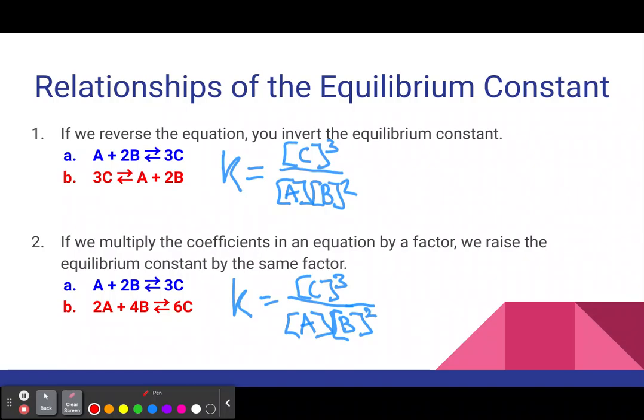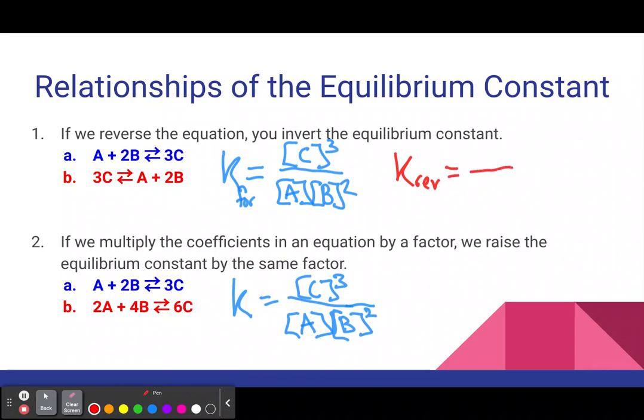But let's talk about when we invert. So this, by the way, would be called K of the forward reaction here, because in C, I'm going to write K for the reverse. So K for the reverse is, since I reversed the reaction, I'm going to invert the equilibrium constant.